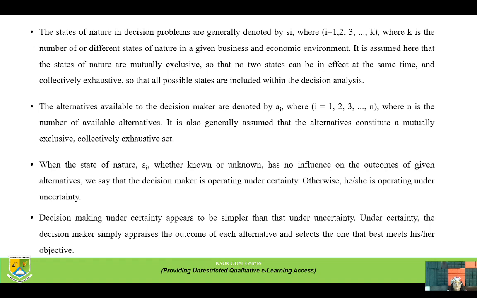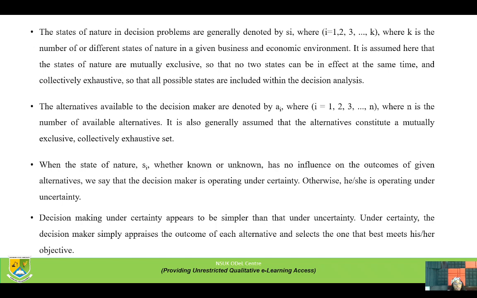The alternatives available to the decision maker are denoted by Ai, where i takes values 1, 2, 3 up to n, where n is the number of available alternatives. It is also generally assumed that the alternatives constitute a mutually exclusive, collectively exhaustive set.